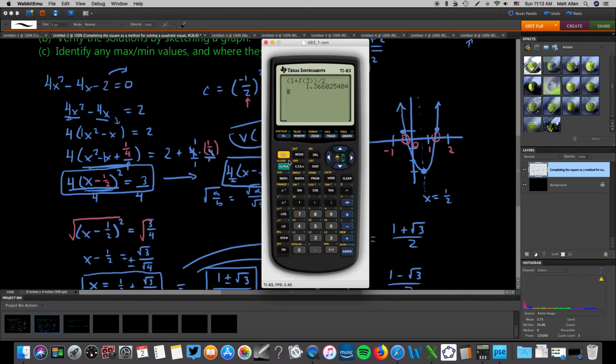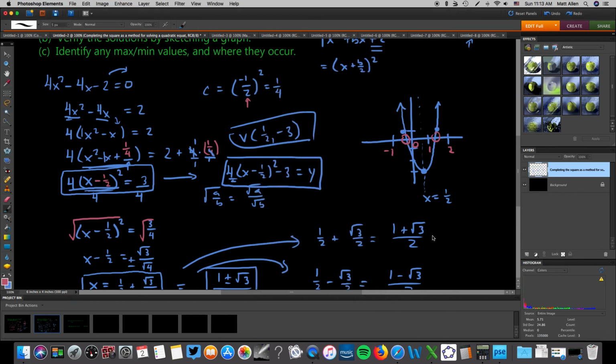So if I hit second enter, I don't have to type all this in again, but I go back and change this plus to a minus, and divide by 2 again. We get these two zeros right here. That means that we have -0.37 is this zero on the left, and 1.37 is this zero on the right. So I'm going to say 1.37 and about -0.37. We use approximately equals on both of these, but this is what we have.